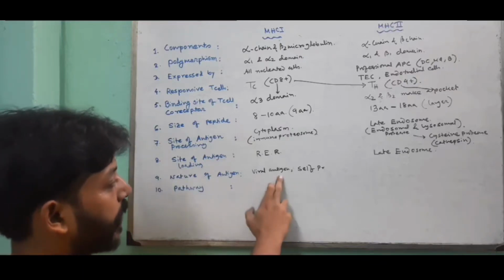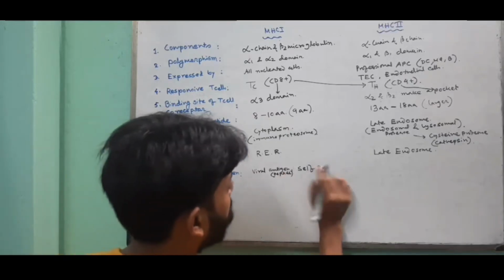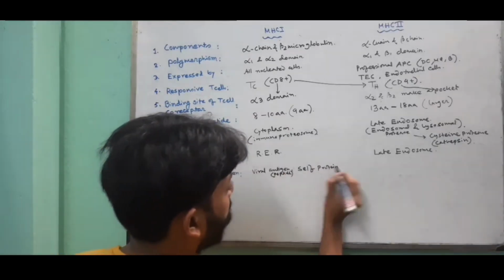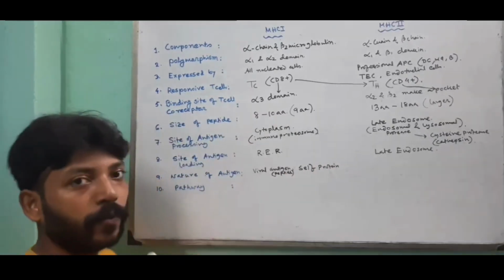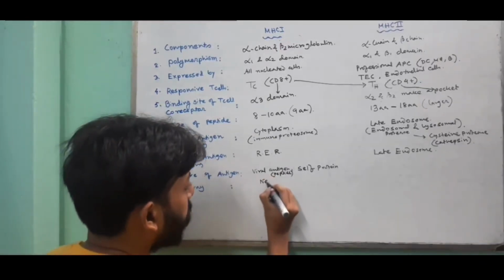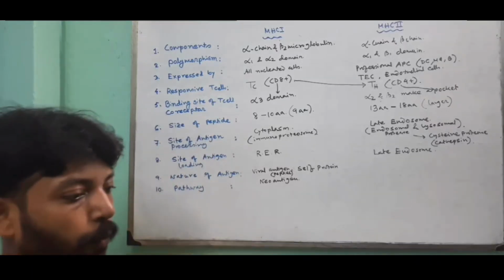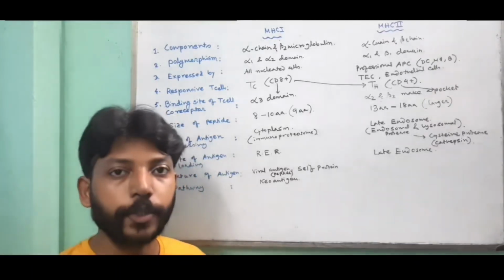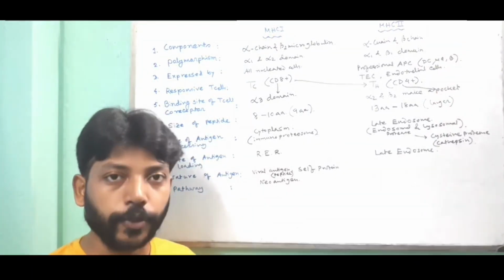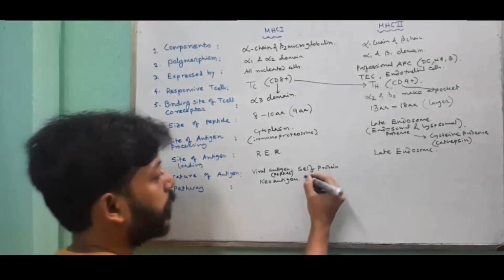So if I write viral antigen, it means viral peptide, cell peptide or cell protein or self antigen. And one important another antigen is called neoantigen. What is neoantigen? I have already mentioned that neoantigen means when a cell transforms into a tumor, the tumor cells start to produce some new type of antigen. These are called neoantigens. So it is in tumor condition.